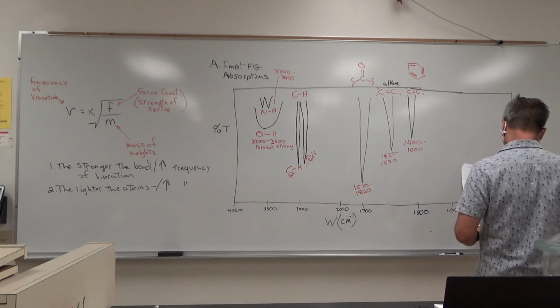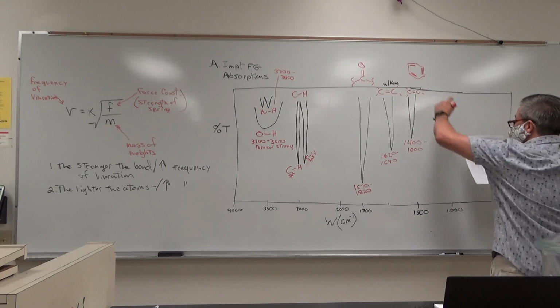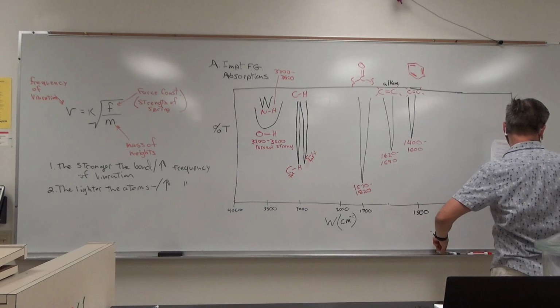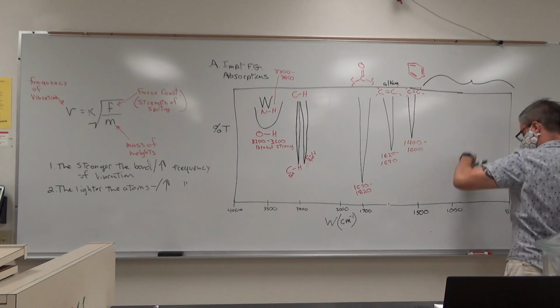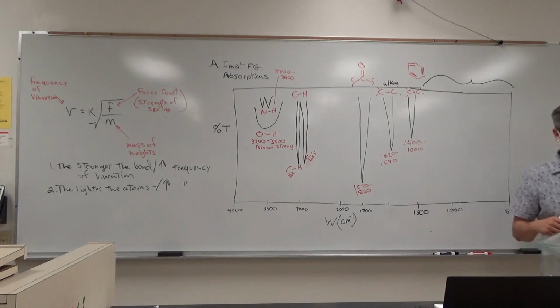All right, and then this range here tends to get really crowded. Okay. Out here, things are more spread out kind of nicely, all right? But you get a lot of absorptions in this range, okay?